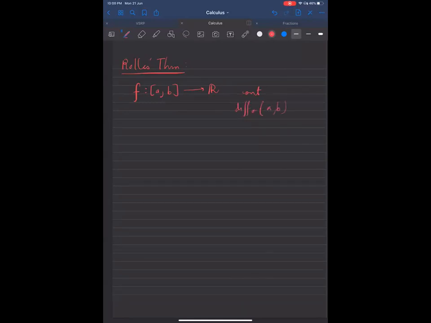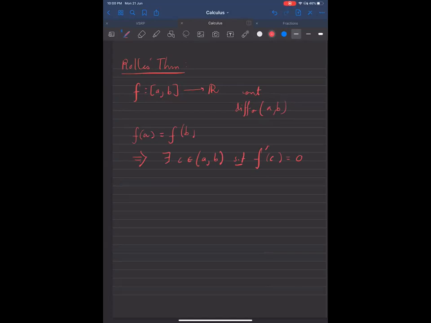Then if we have f of a equals f of b, then there exists a point c in the open interval a comma b such that f dash c equals 0. Yeah, exactly this.